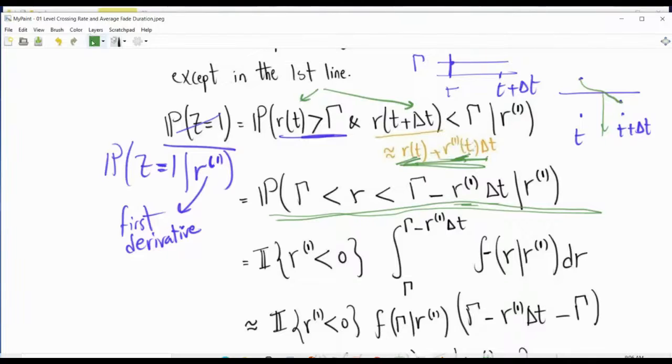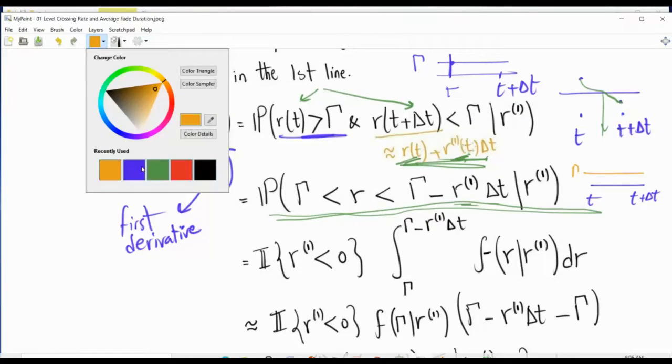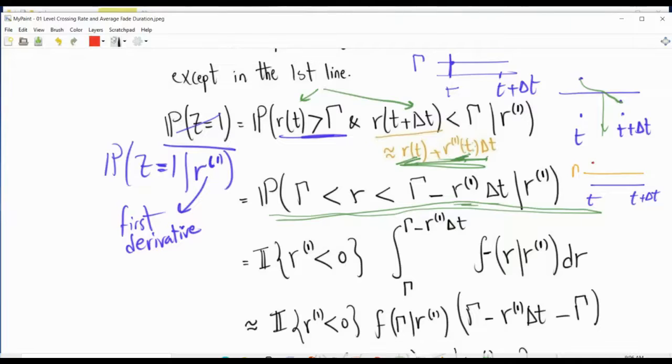Suppose that you start here, at t plus delta t, and suppose that this is the level gamma, and you start above gamma. Now, if your derivative is positive, you are increasing. If it's zero, then you are constant.